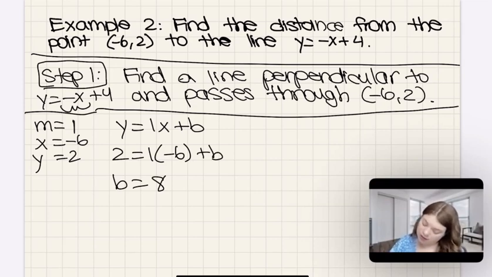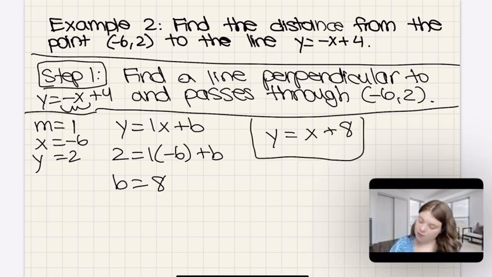So the equation of our line is y equals x plus 8. This passes through the point we needed to pass through, and is also perpendicular to y equals -x plus 4, as they have negative reciprocal slopes.